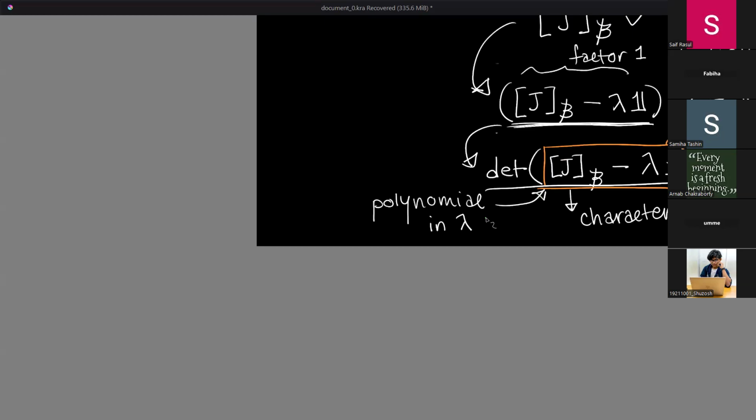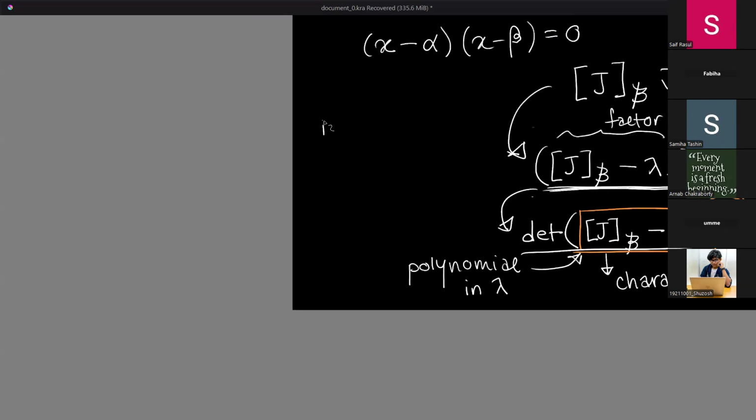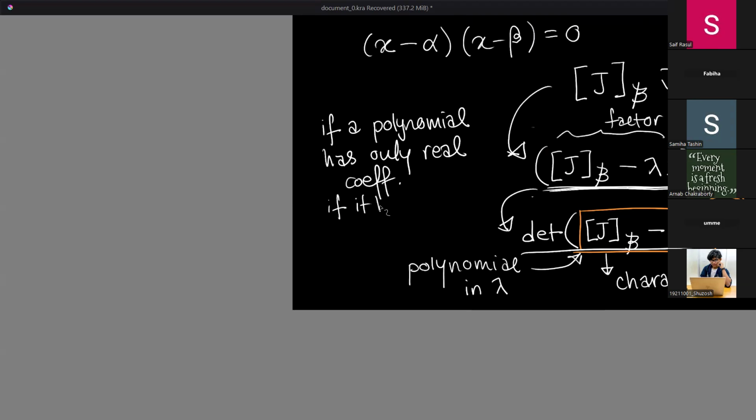And one of those interesting results is that if a polynomial is real, by which I mean it has only real coefficients, then if it has any complex roots, they must appear as complex conjugates.